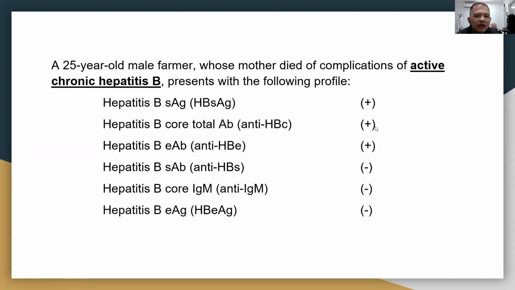But this one, since the mother of this patient died of complications of active chronic hepatitis B, it is most likely a carrier phase. Okay, take note, for the first group I overlooked and interchanged both cases.